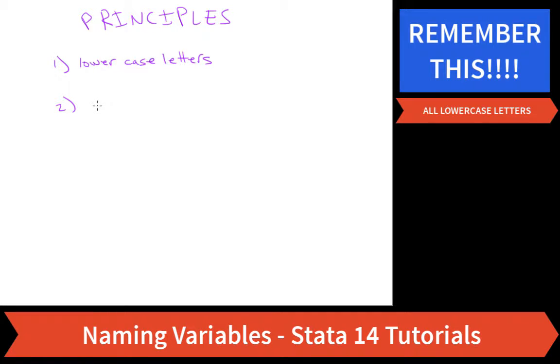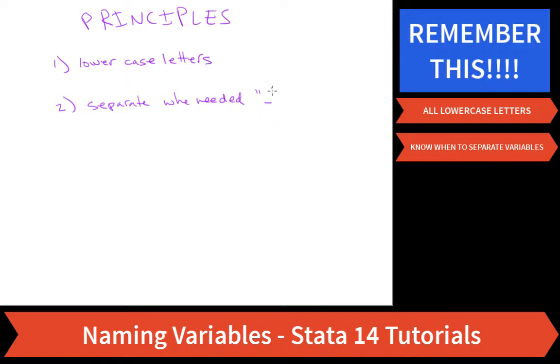And the second is you need to know when you need to separate parts of the variable name. And when you do separate them, you want to separate them by an underscore. At least that's what I like to use. And so there's three options. So option A regarding separation is, of course, to not separate various aspects of the variable name.